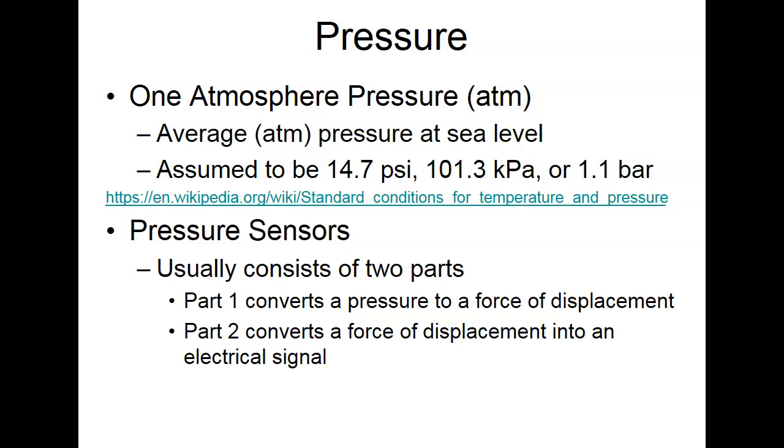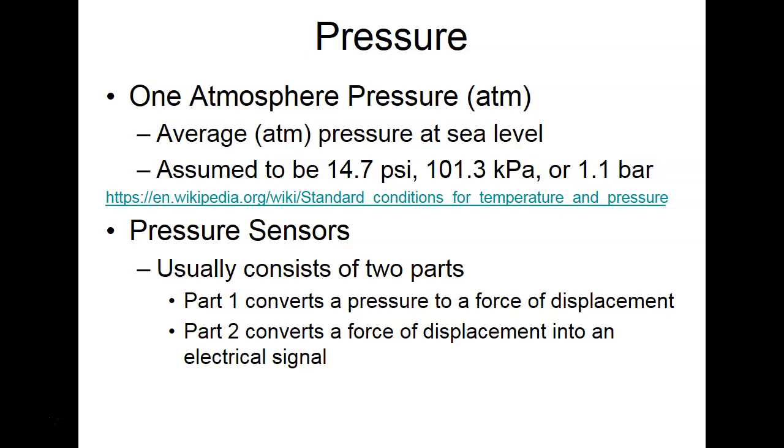Another unit that we use is called pascals. And a pascal is a very, very small unit. We got a conversion chart up here. That's something I should know. So if we were measuring atmospheric pressure at sea level using pascals, it would actually be 101.3 kilopascals.